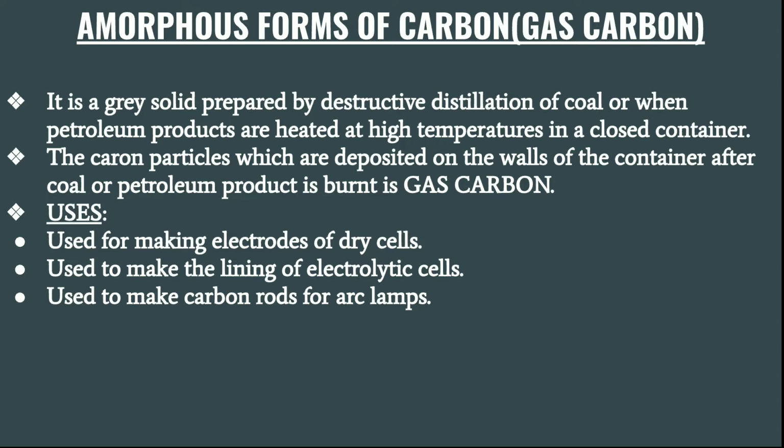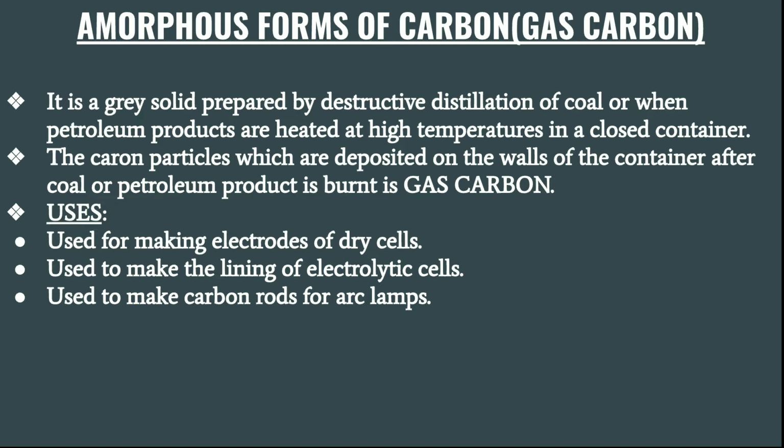Either we burn the coal in a limited supply of air, that is destructive distillation of coal, or we heat petroleum products at high temperature in a closed container, and then we get this gray solid known as gas carbon. The carbon particles which are deposited on the walls of the container after the coal or petroleum product is burned are known as gas carbon.